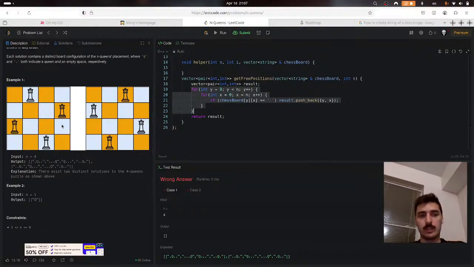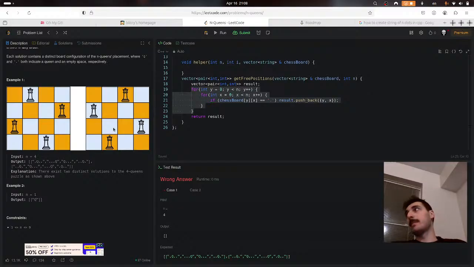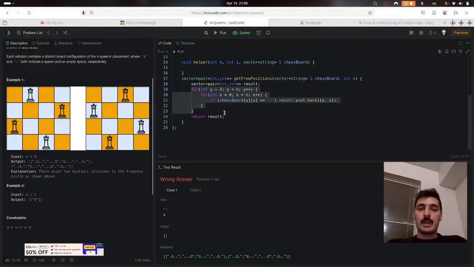If we start here, the diagonals are this plus this. So it can be up to 4n, maybe even more. I don't care about this right now.